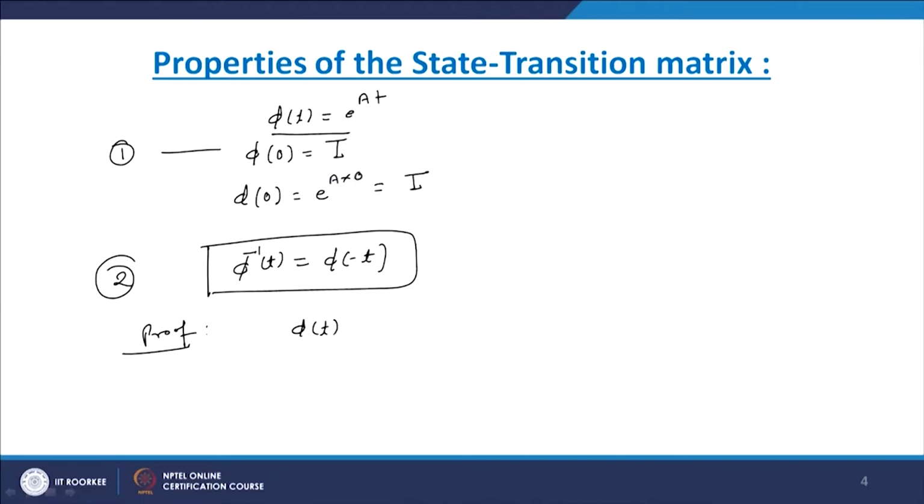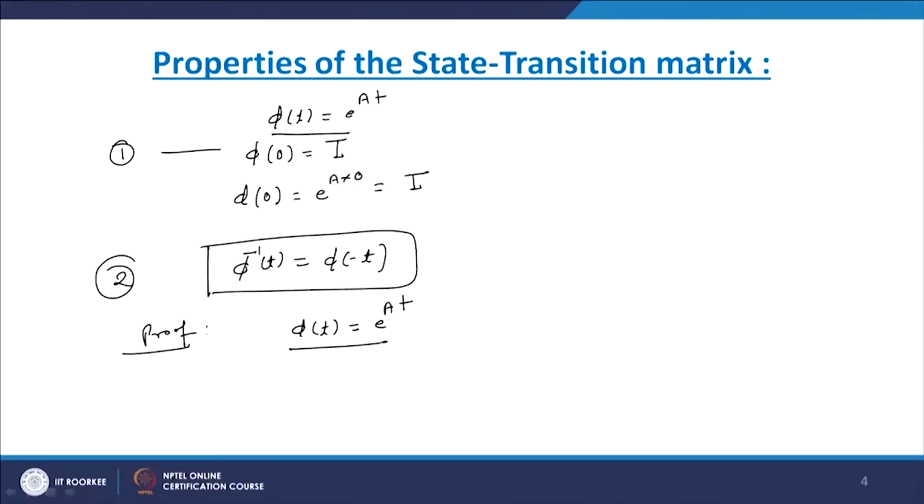We start with the same equation, phi of t equal to e raised to a t. To this equation we now post multiply by e raised to minus a t.